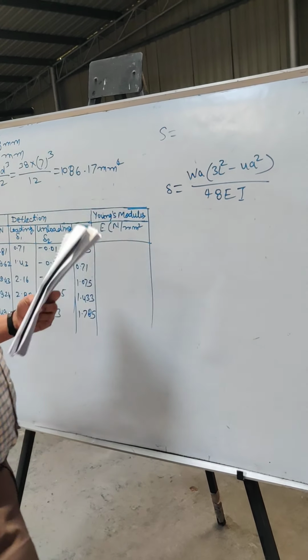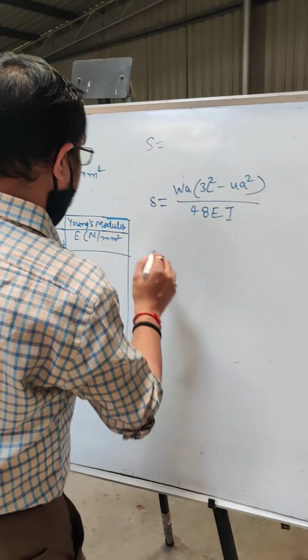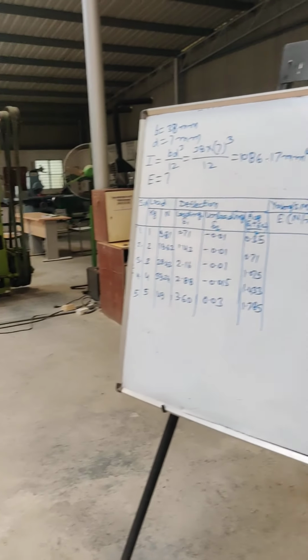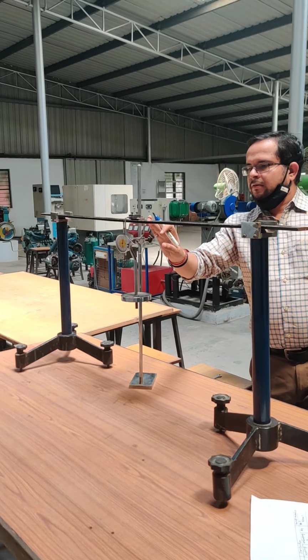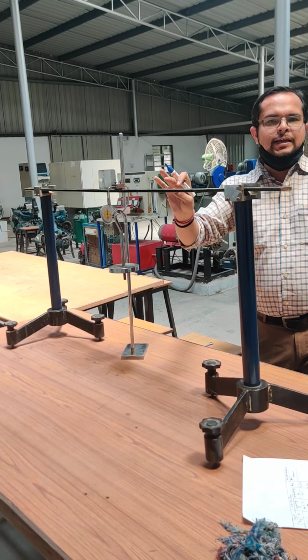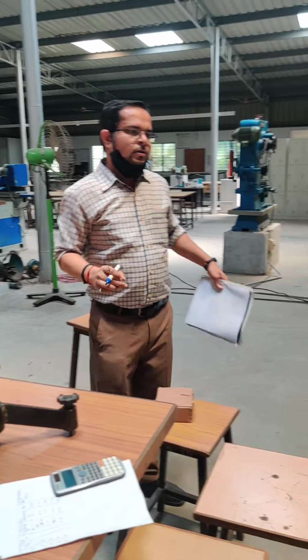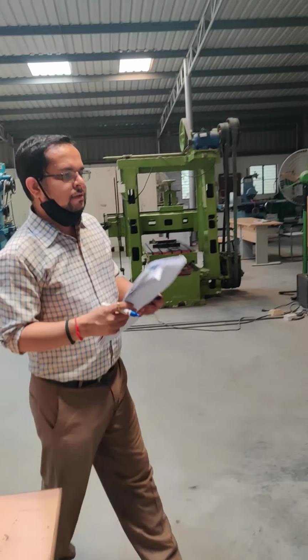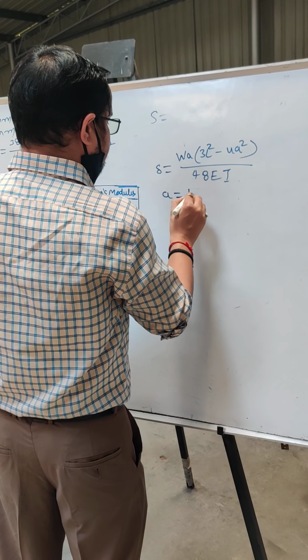This is one fundamental equation for deflection. Here the load is at the middle portion. The length of the beam from this support to this support is 900. So L, and A is equal to L by 2.